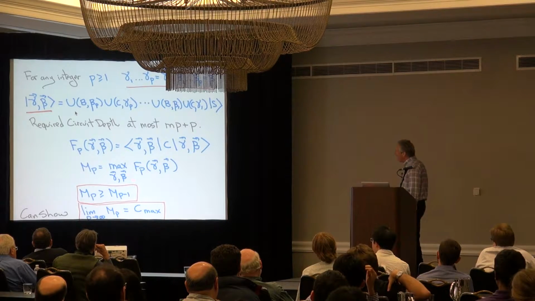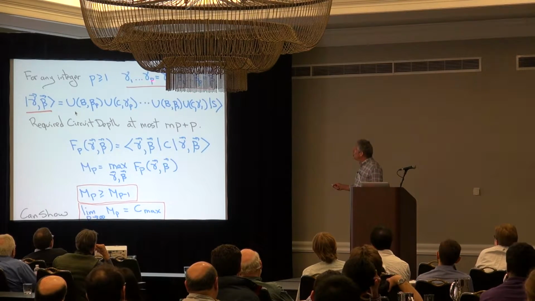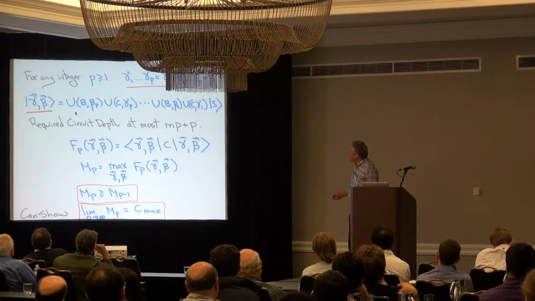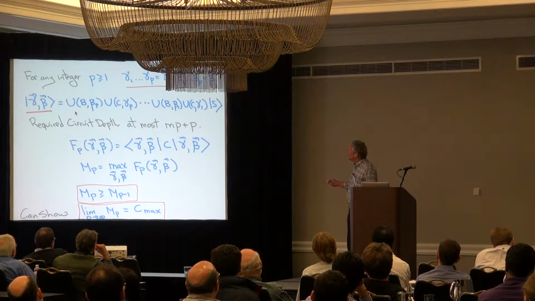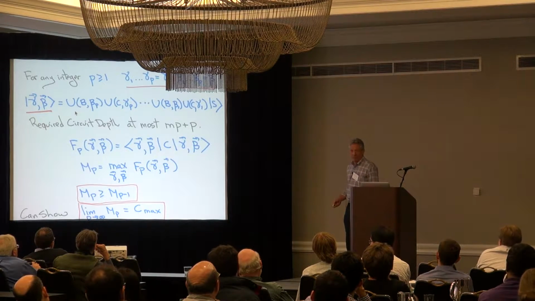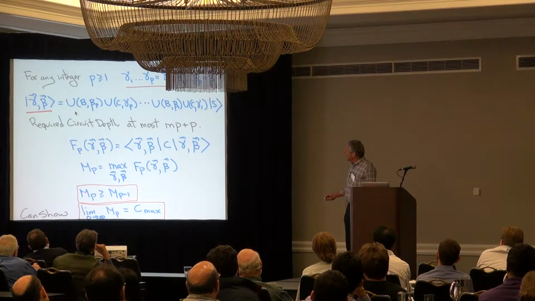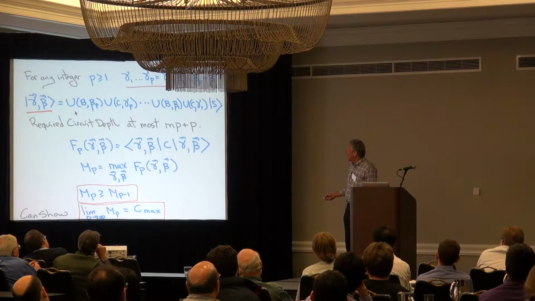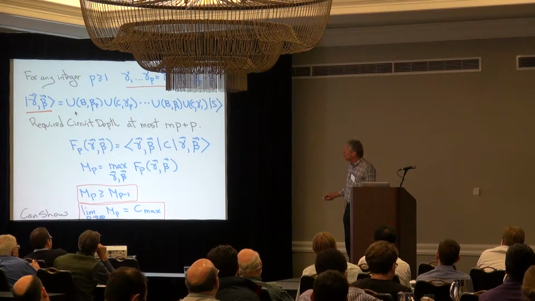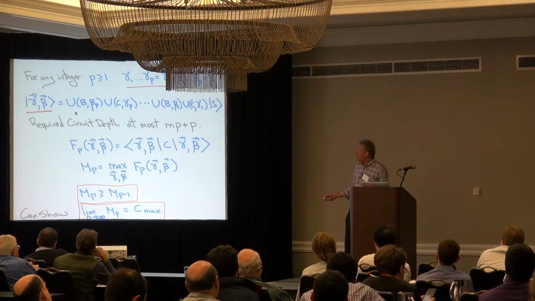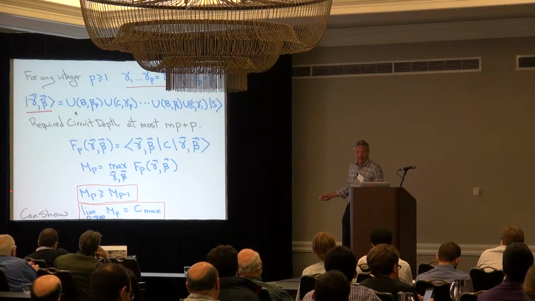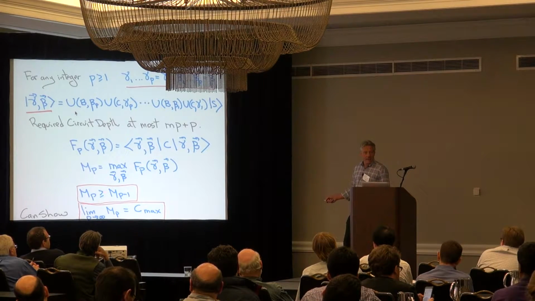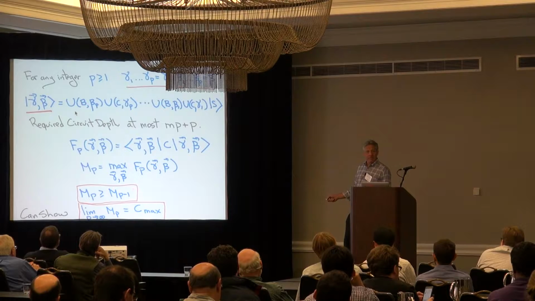Because this is a maximum over 2p variables. But if I go to p minus 1, it's the same function with the last 2 variables set to 0. So the optimization at p minus 1 is a constrained version of the optimization at p. So the optimum can only go up or stay the same. Does this make sense? Okay?